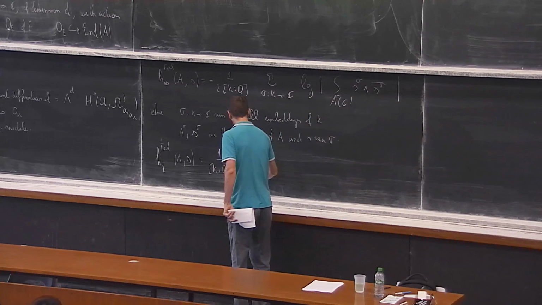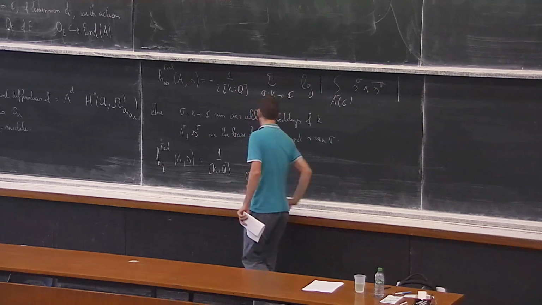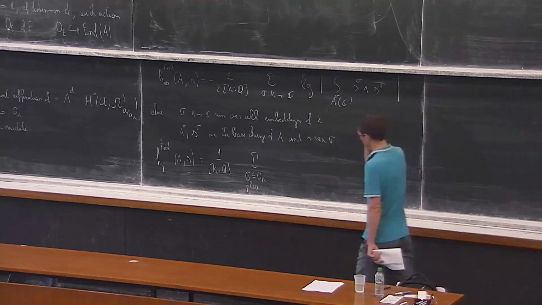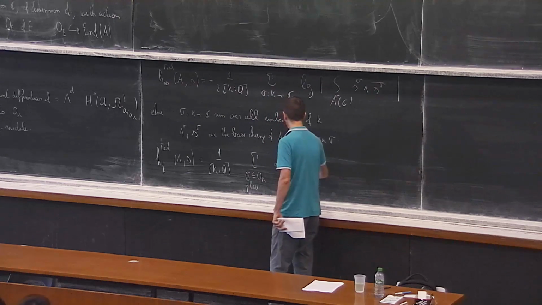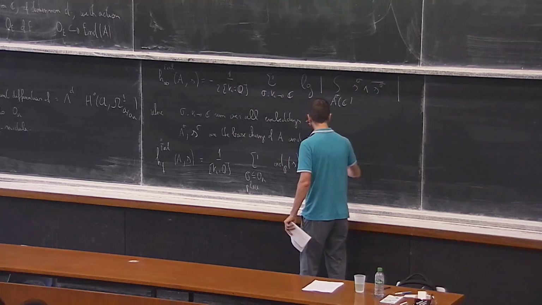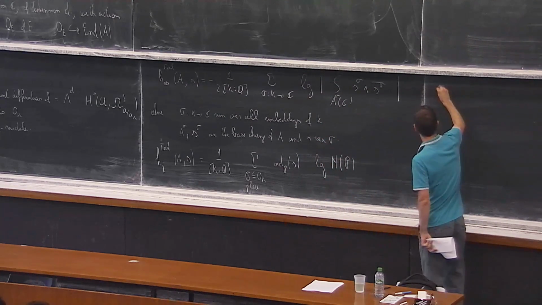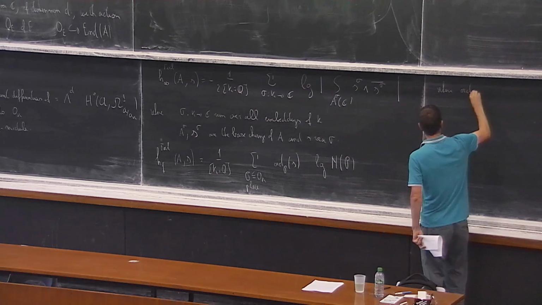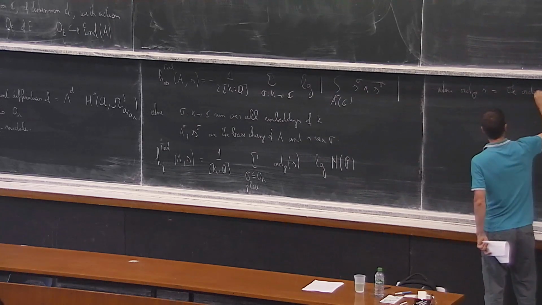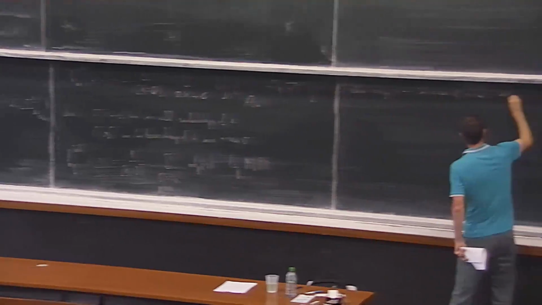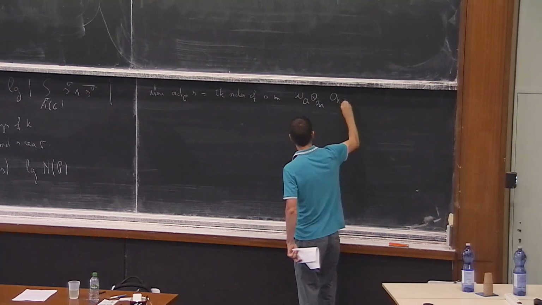And then we sum over all possible places of OK, so maximal ideals of OK, and then we take the order of vanishing or pole of S times the log of the norm of P. Where ord_P of S is simply the order of S in the following sense: we take our projective OK-module, we localize it with respect to this maximal ideal.